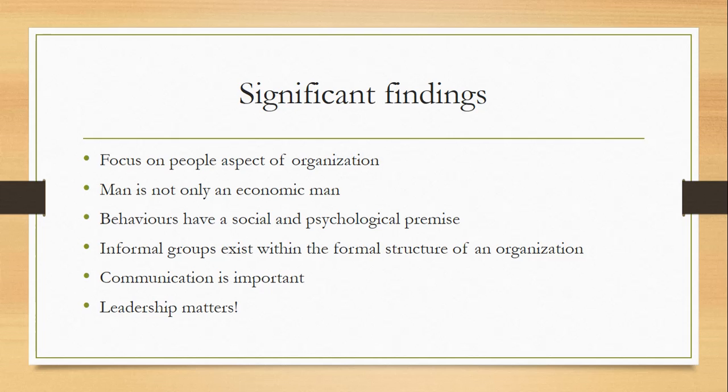And that is where it was also seen that informal groups of employees exist within the formal structure of the organization. Every organization has a formal structure, and people are divided into departments or some kind of project group. But more than that, what is important is the friendship group.